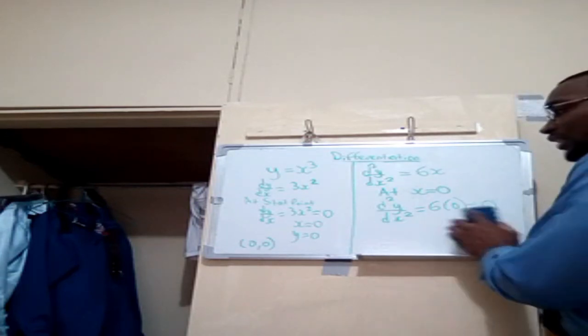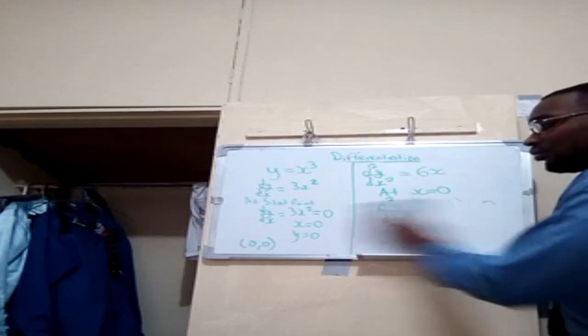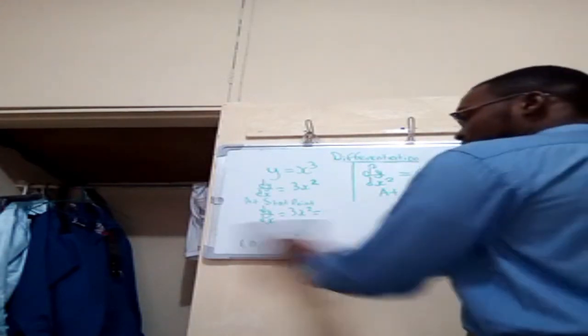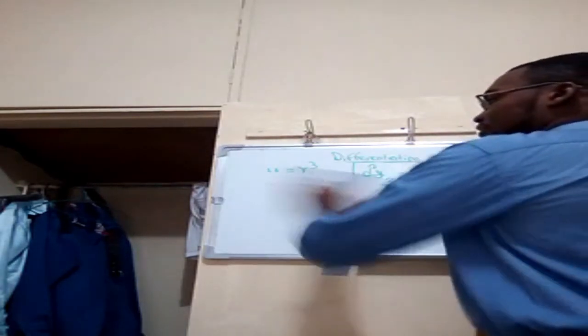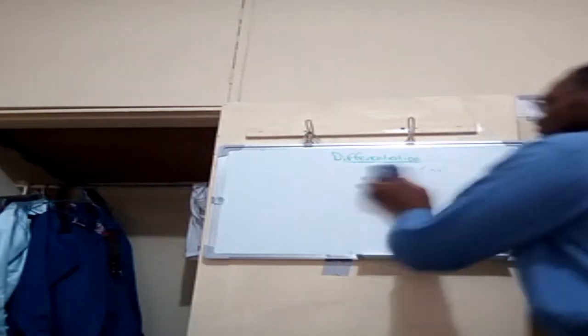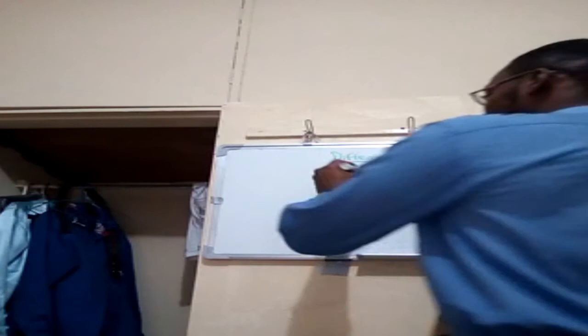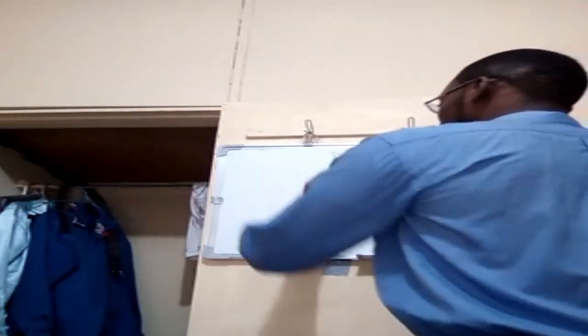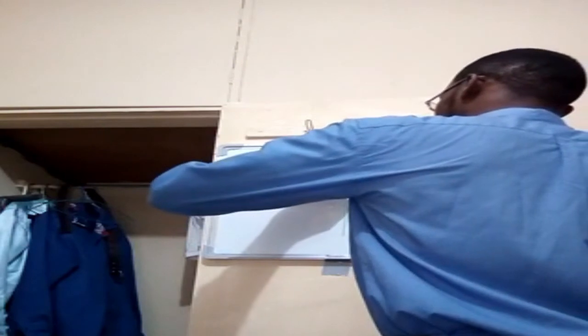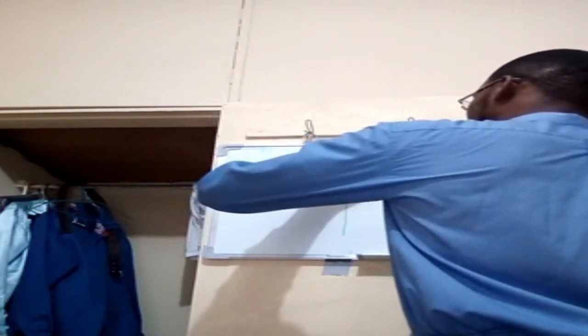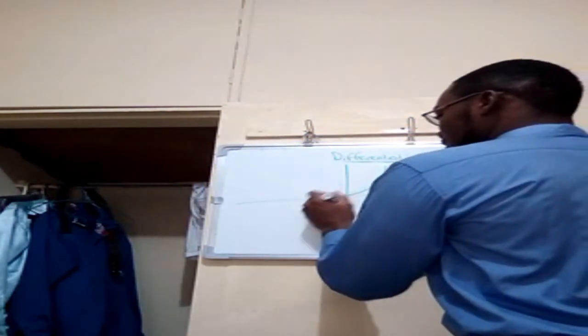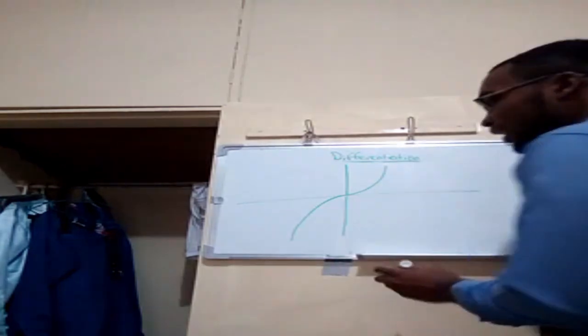So if I were to sketch the graph of y equal x cubed for you, this is how it looks. So the graph of y equal x cubed looks like this. So look what happened.